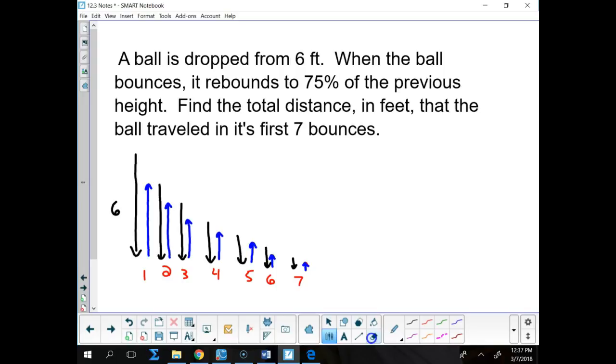Okay? So now there are a couple of different ways of doing problems like this. The first way is you could do it in 2 sequences, or 2 series. Find the sum of 2 different series. Find the sum of the downs and the sum of the ups. Or you could see that this down right here is the same as that up.